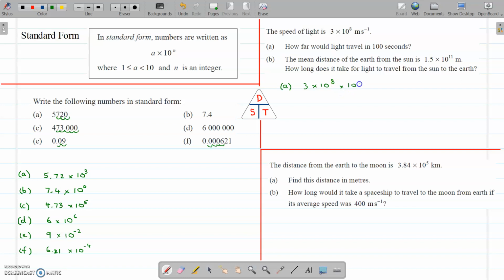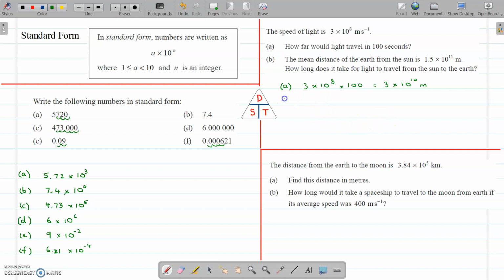The effect of that is to change the index from 8 to 10. So the answer is 3 times 10 to the power of 10, and that's how far it would travel in 100 seconds, because that number is 100 times more than 3 times 10 to the 8.